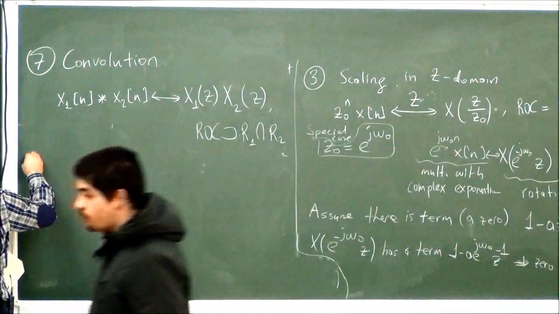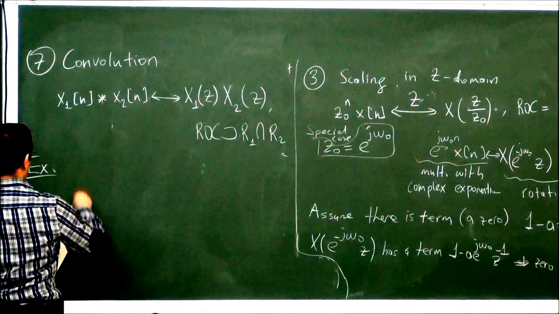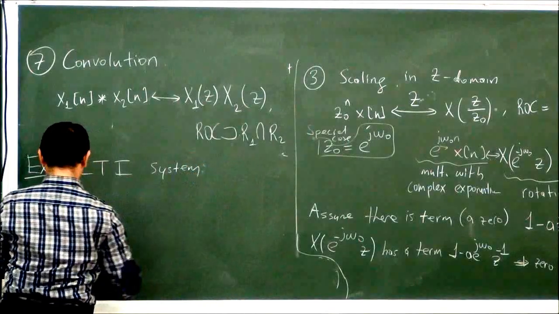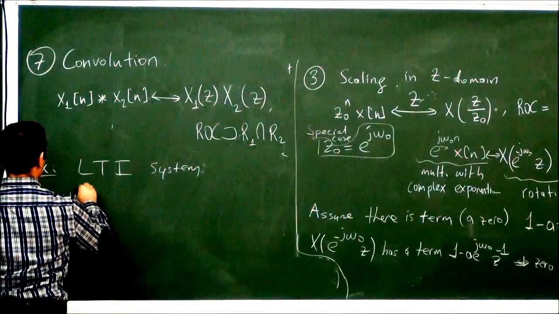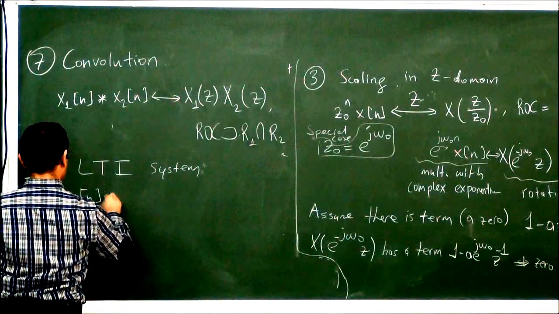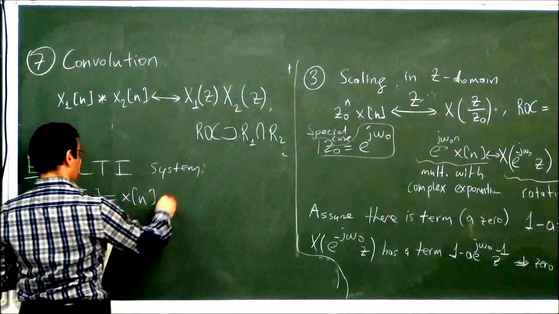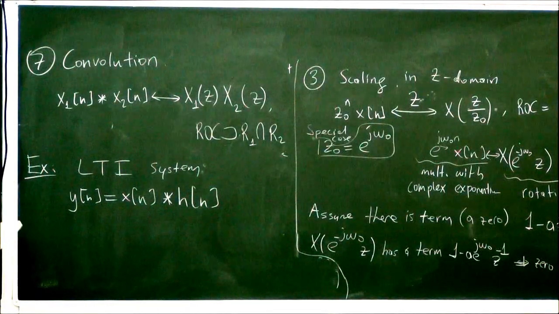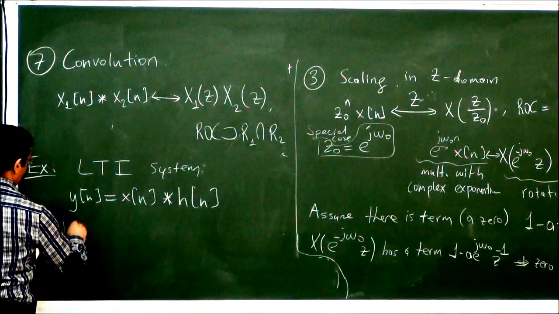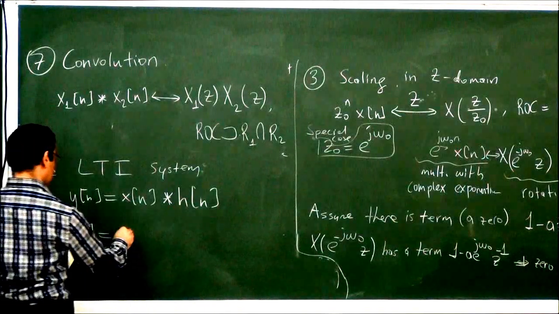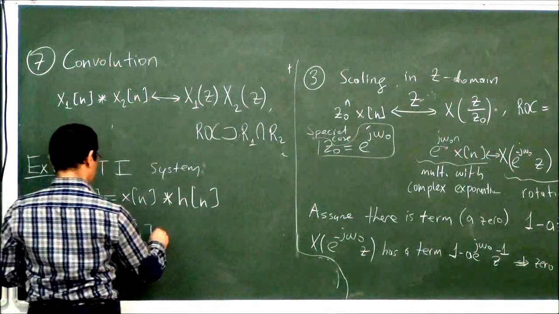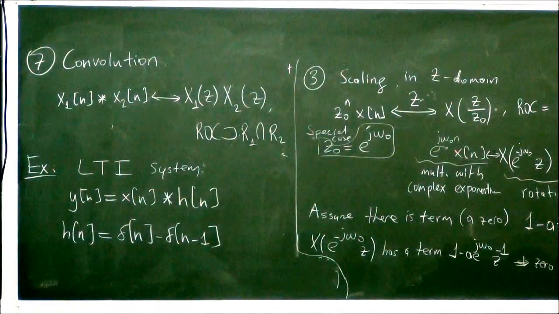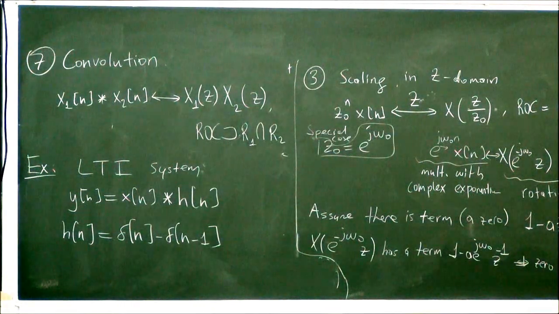Let's do an example. Let's assume you have a linear time invariant system, and the output of your system is y[n], the input is x[n], and h[n] is your impulse response. In this example, your impulse response is given as delta[n] minus delta[n minus 1].